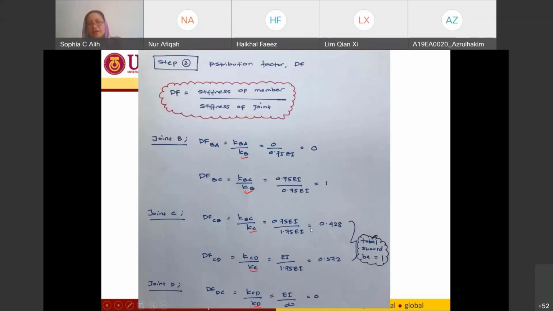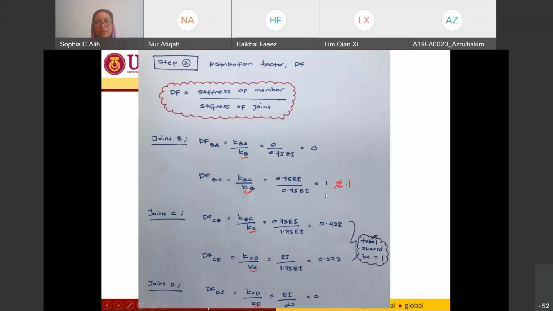Now bear in mind that the total of distribution factors for each joint should be equal to 1.0. So these two have to total up to 1, and joint B also equals 1.